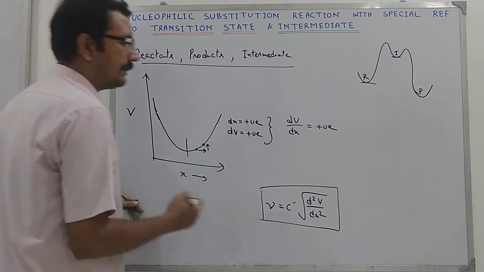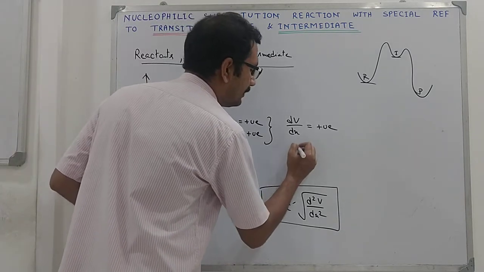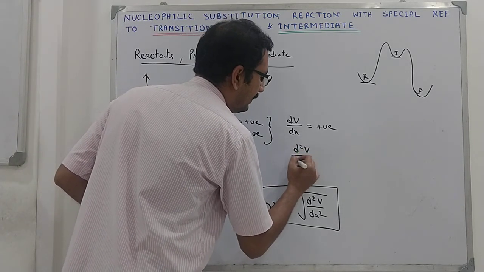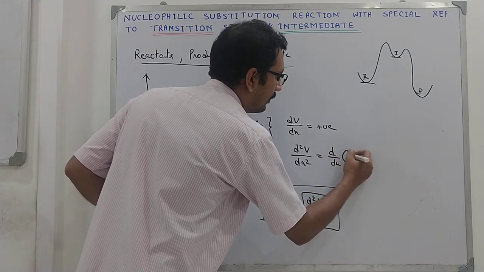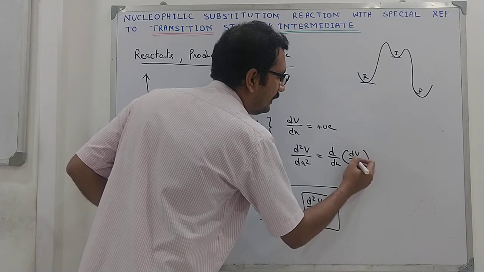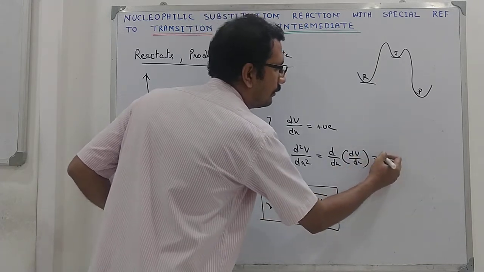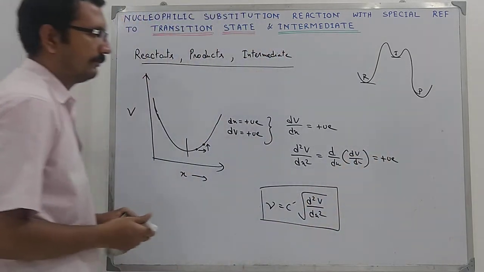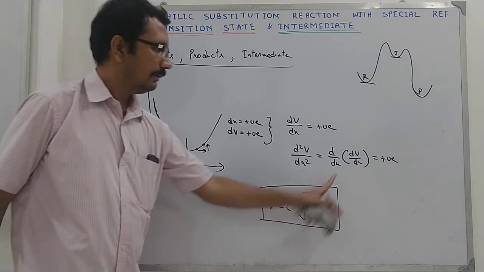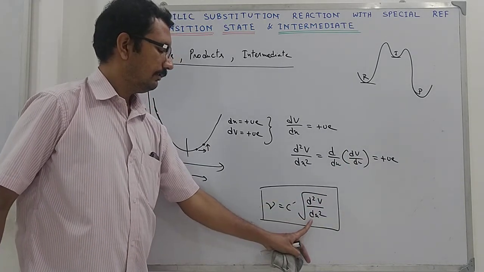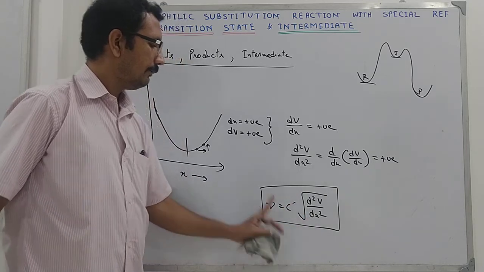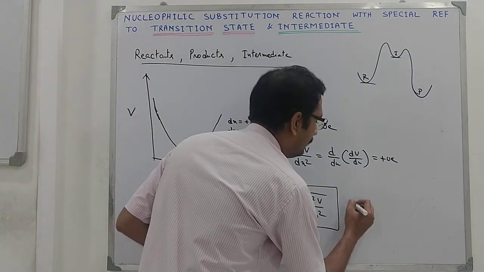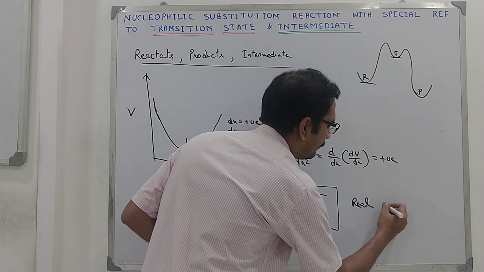Now the corresponding curvature, since dx is positive, d2V dx2 equals d dx of dV dx, all positive, so it is positive. Now we put this value here. Since there is a positive value within the square root, the frequency will give real roots.